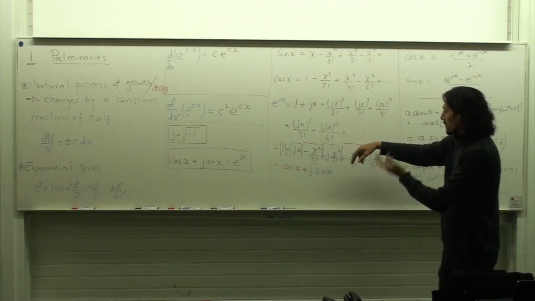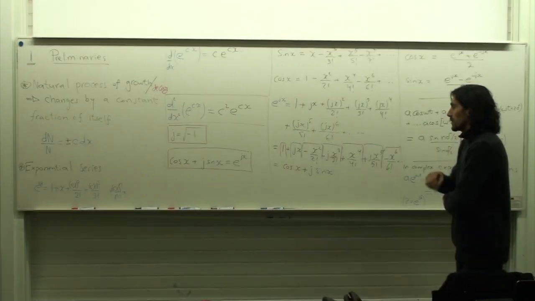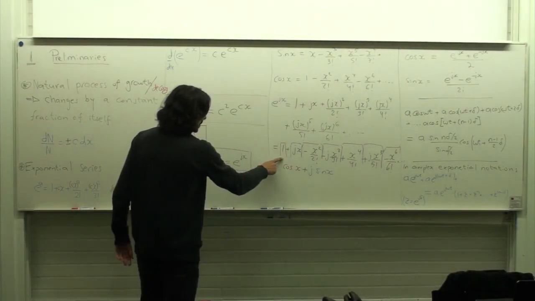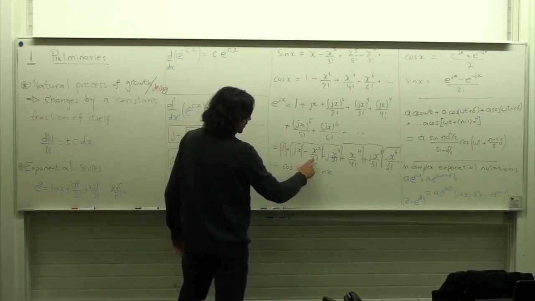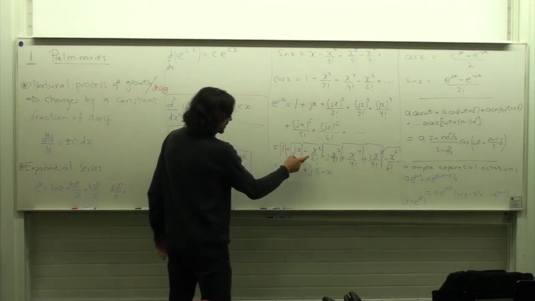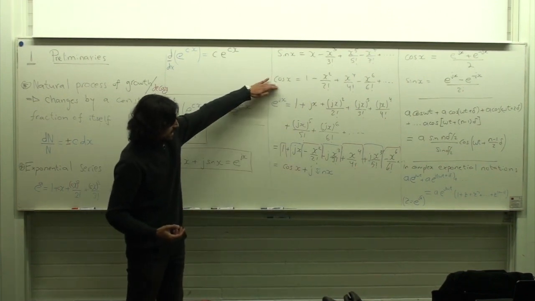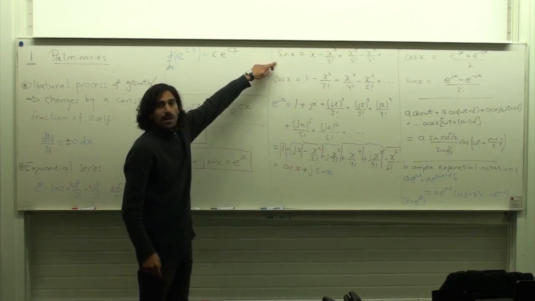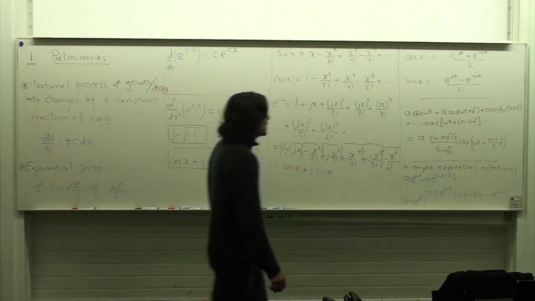So the 6 here would give me a minus sign, and this here would have a plus with a j in front of the x to the power 5. So if we do that, this is what we get: 1 plus jx minus x squared divided by 2 factorial and so on. Now you can collect the terms. The first, the third, the fifth, and the seventh would give you the cosine. This is exactly what you have here. And the second, the fourth, the sixth, and so on would give you j times the sine. And this is what you get here. Okay, so this is Euler's identity.